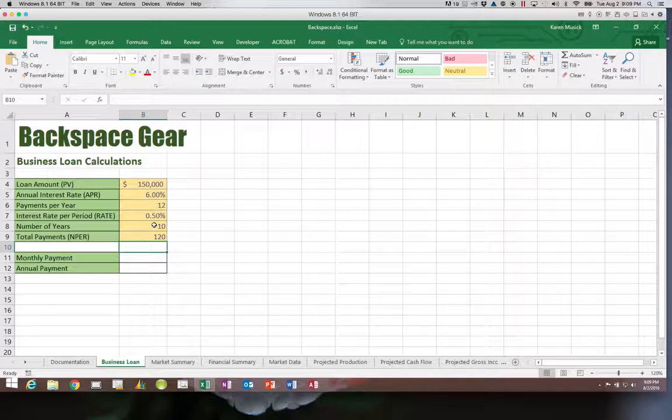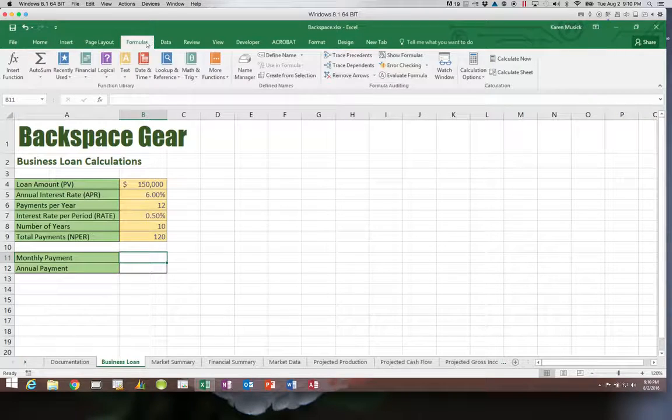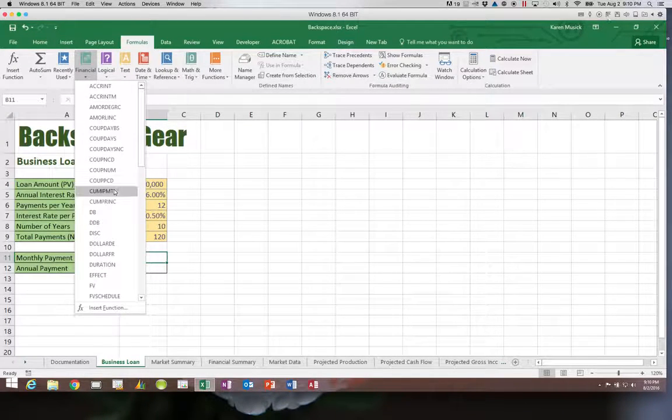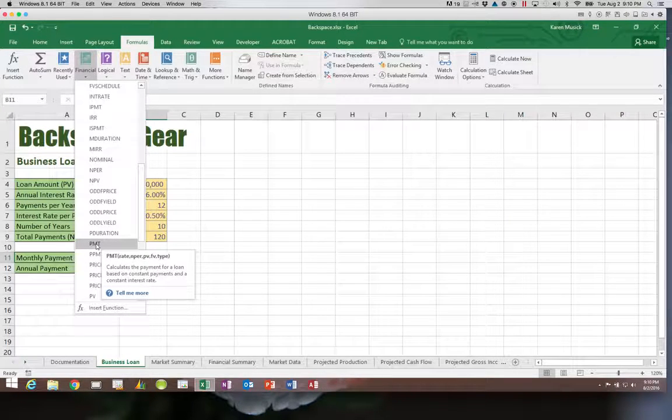Once we have all of that information, we now have everything we need to create the payment function. So to do that, we're going to go to the Formulas tab. And under the Financial button, you're going to scroll down and you will find PMT.